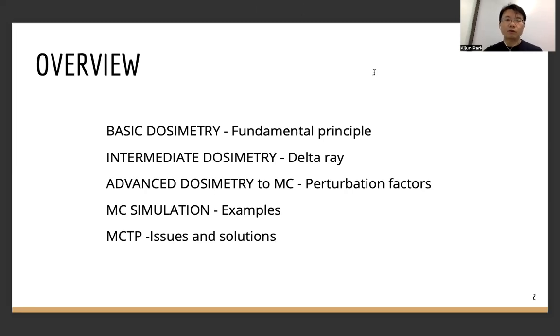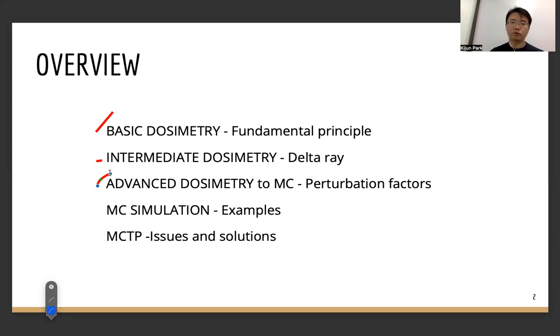So, an overview of this talk: I'm going to talk about the basic dosimetry, including the fundamental principles. I'll also talk about some intermediate dosimetry, including delta ray calculations. Further on, I'll talk about advanced dosimetry, which can be implemented in the Monte Carlo simulation calculations.